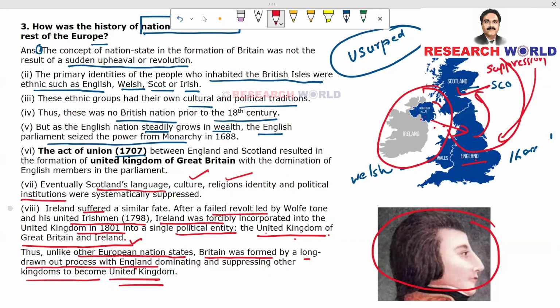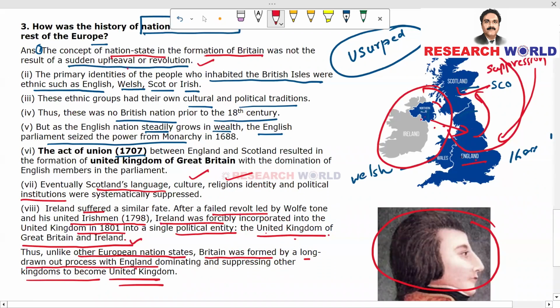So we have got 8 points. First, the concept of nation state in the formation of Britain was not the result of a sudden upheaval or revolution. Point number 1. The primary identities of the people who inhabited the British Isles were ethnic, such as English, Welsh, Scot, or Irish. These ethnic groups had their own cultural and political traditions. Thus, there was no British nation prior to the 18th century.